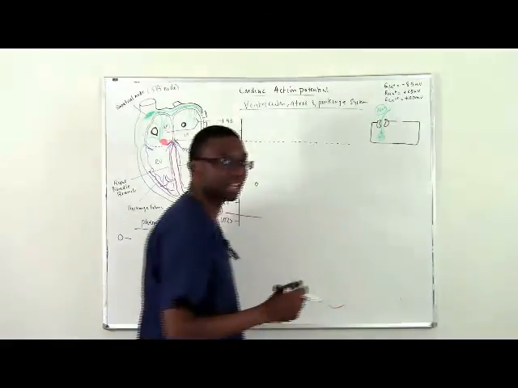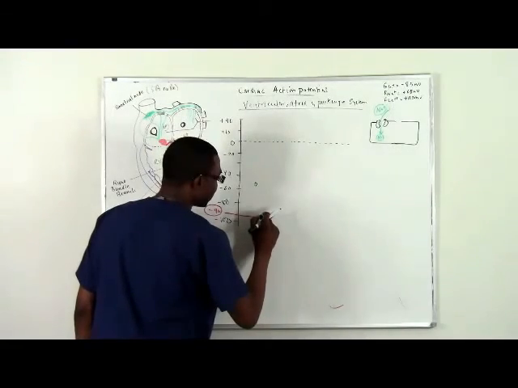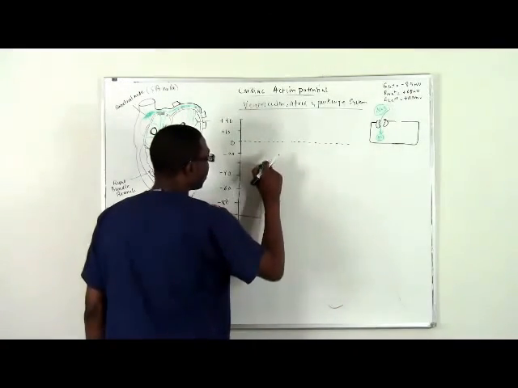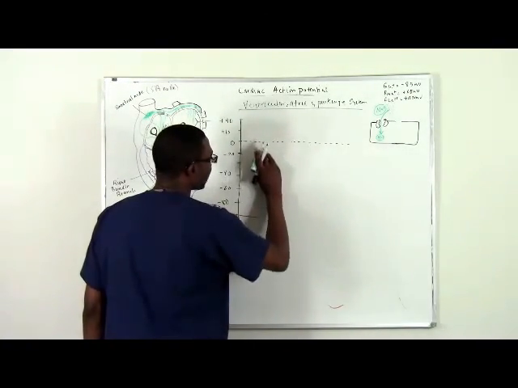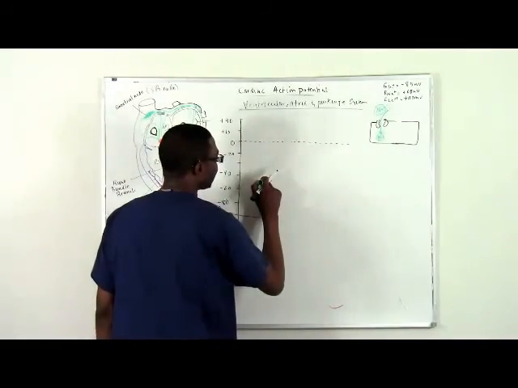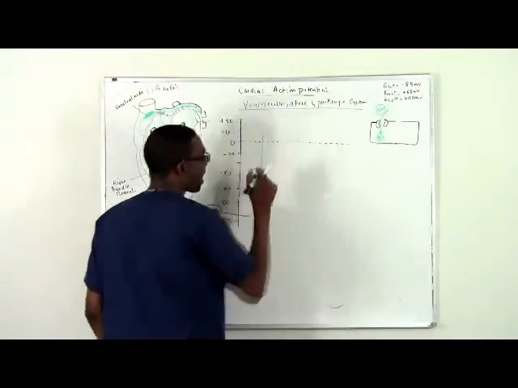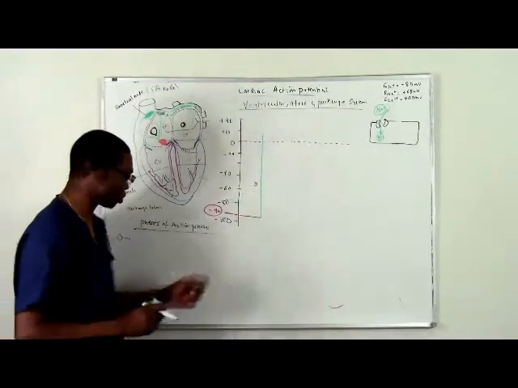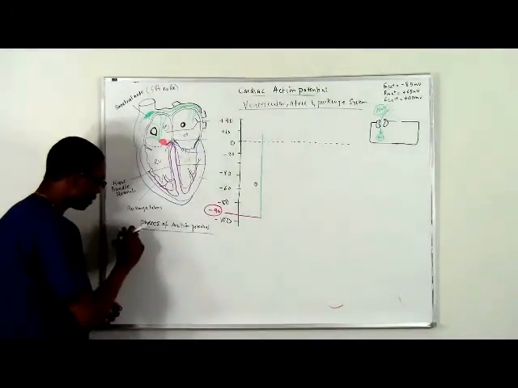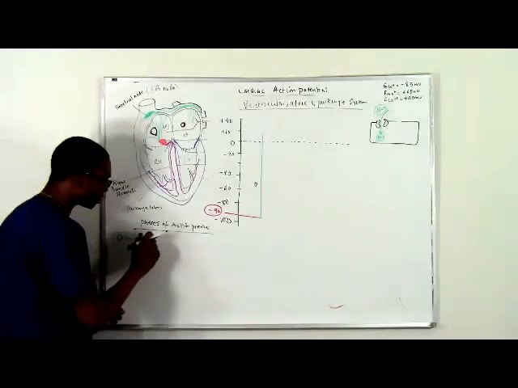A lot of sodium now influx inside the cell, which allows the ventricles or the atrium to depolarize, which means a lot of positive ions are floating inside the cell. Can you see that? That is known as the upstroke. So this is influx of sodium ions, right?